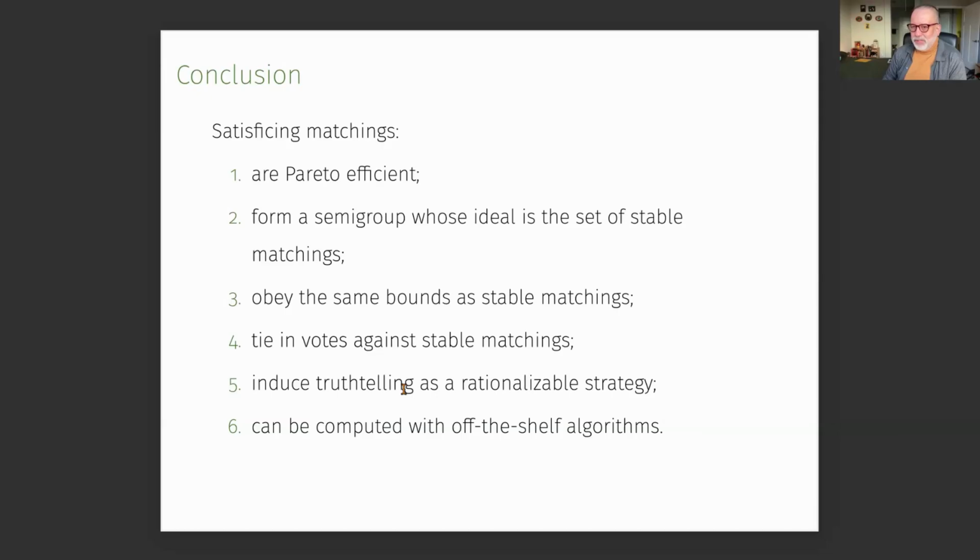We just pick off-the-shelf algorithms, the Gale-Shapley lattice, and then the algorithms that exist for perfect matchings in order to compute all satisficing matchings. To be sure, we do this also for one-to-many matchings, and the results are more or less the same. We're working on many-to-many matchings where things get more complicated.